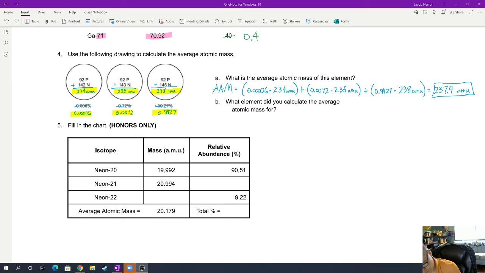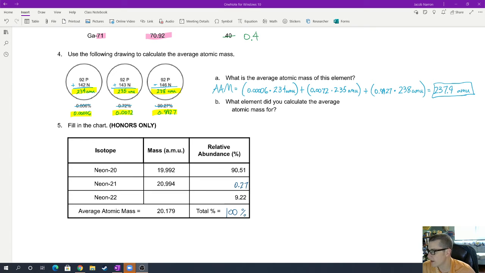Percentages add up to 100, or else you've done something wrong. So if our total is 100%, then you ought to be able to do 100 minus 90.51 minus 9.22 and get the missing percentage, which is 0.27. So 0.27 is that missing relative abundance.